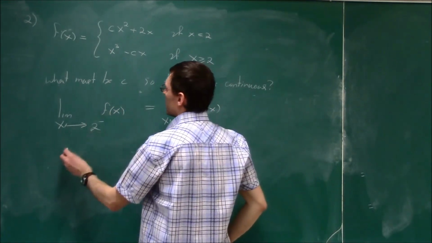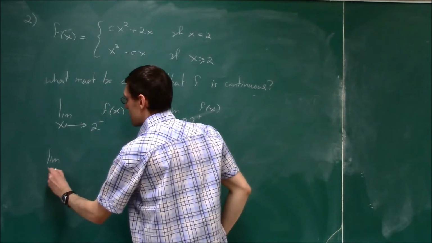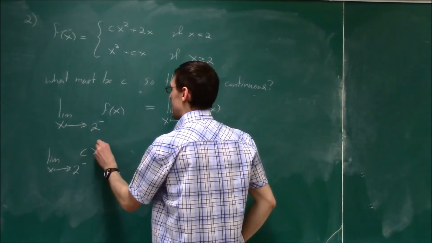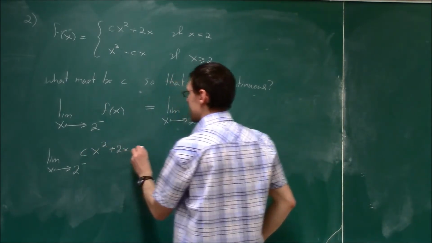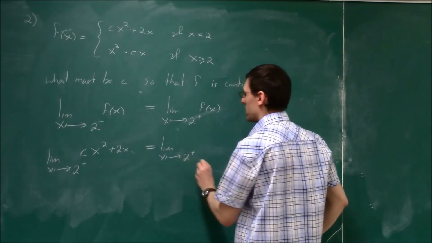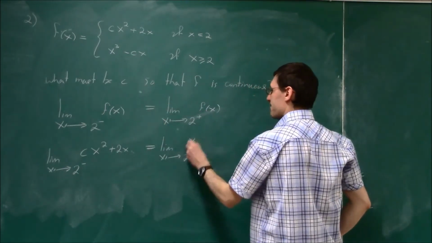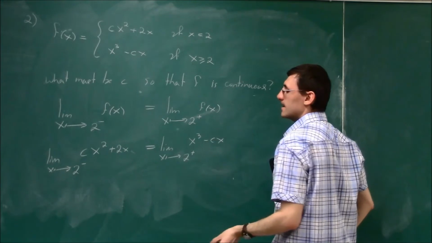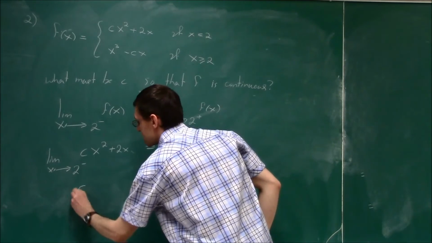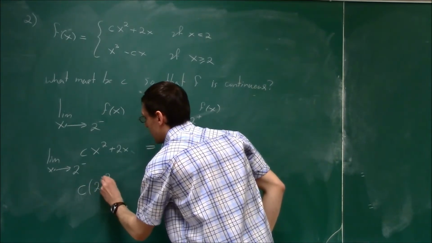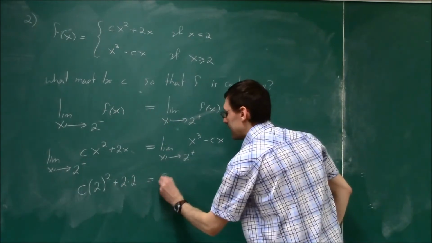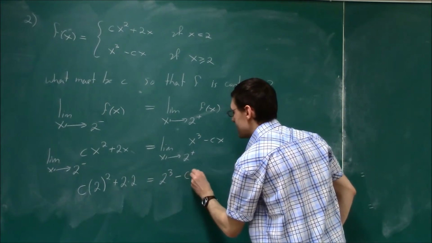So that means that the limit as x goes to 2 from the left of cx squared plus 2x must equal the limit as x goes to 2 from the right along this formula. What do we get? This at 2 will be c times 2 squared plus 2 times 2, which must equal 2 cubed minus c times 2.